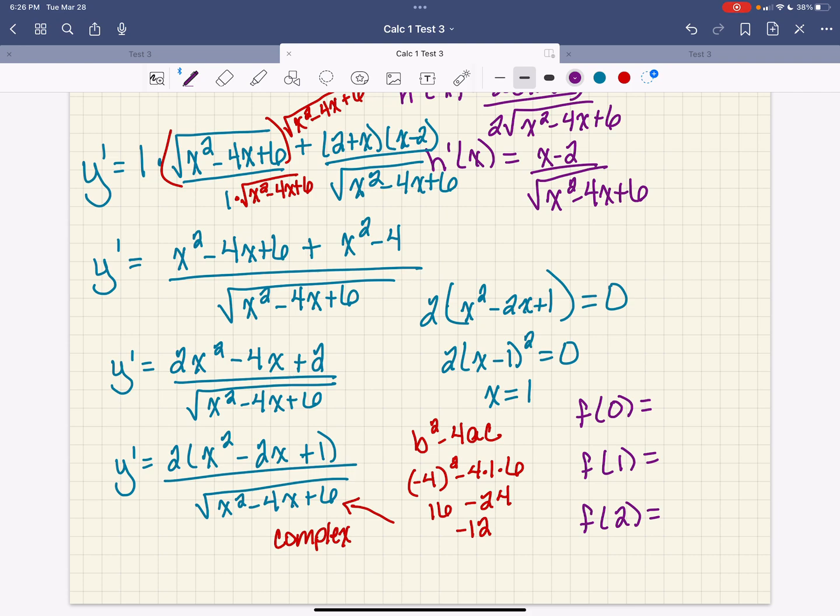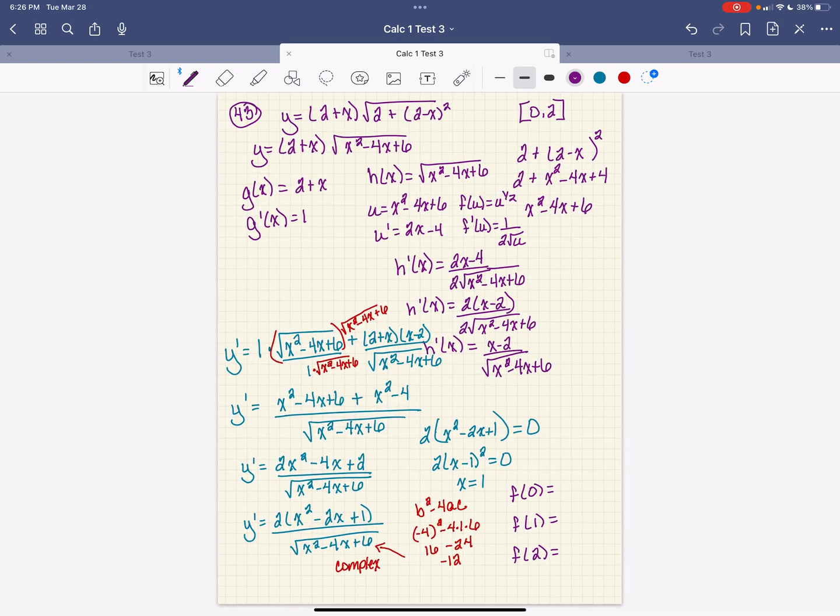Okay, so I take my 0, my 1, and my 2, and I put it back in my original function. So when I'm finding absolute max and absolute mins, I go back to my original function. And when I plug f of 0 in, I get 2 on the square root of 6. When I plug in 1, I get 3 on the square root of 3.